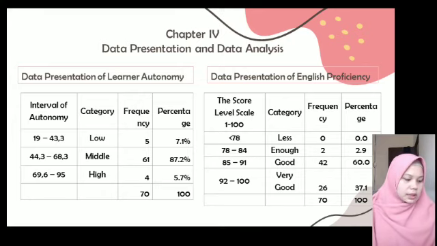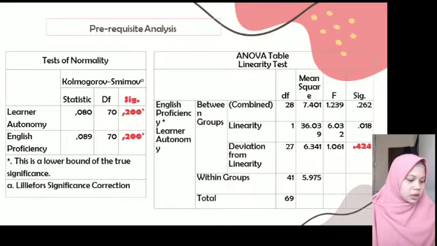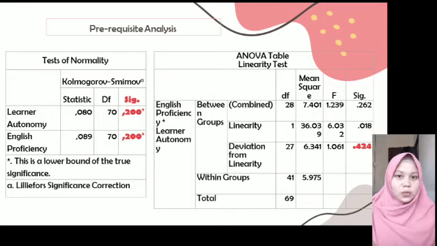For the prerequisite analysis, it finds that the normality of these two data is normal because the significance is higher than 0.05. You can see the red number. And in the linearity, there is also linearity between the learner autonomy and English proficiency because the significance value is higher than 0.05.